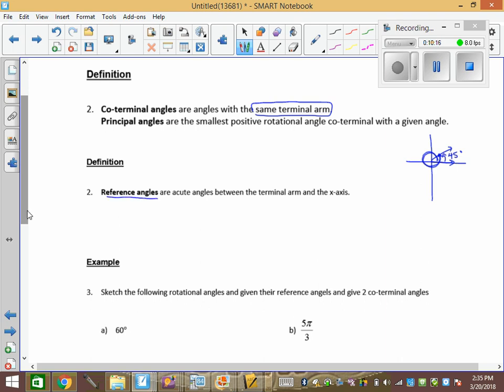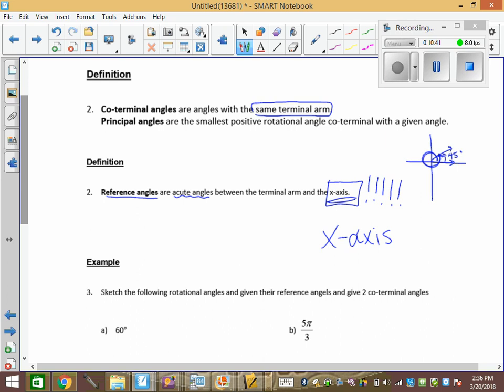Reference angles, you did this last year, are the acute angles, the cute little angles. They're between 0 and 90, between the terminal arm and the x-axis. Your reference angles, if you found each of them, would make a bow tie.